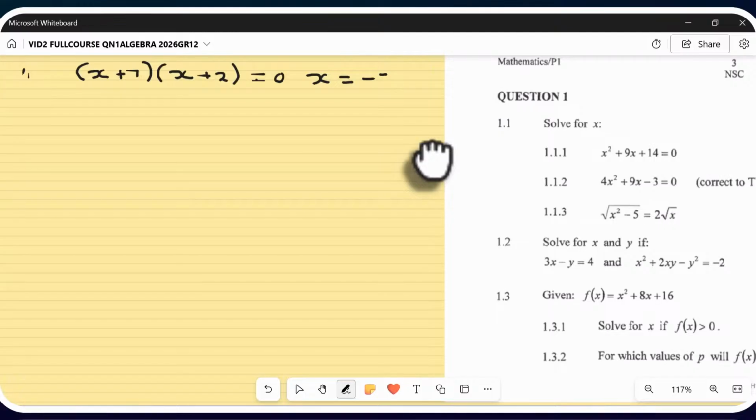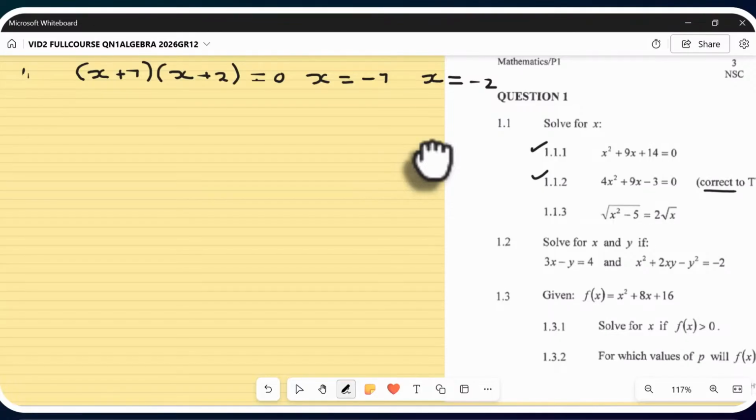Question 1.1. We see again they say correct to two decimal places, so we must use the quadratic formula. Our a is 4, our b is 9, our c is negative 3.